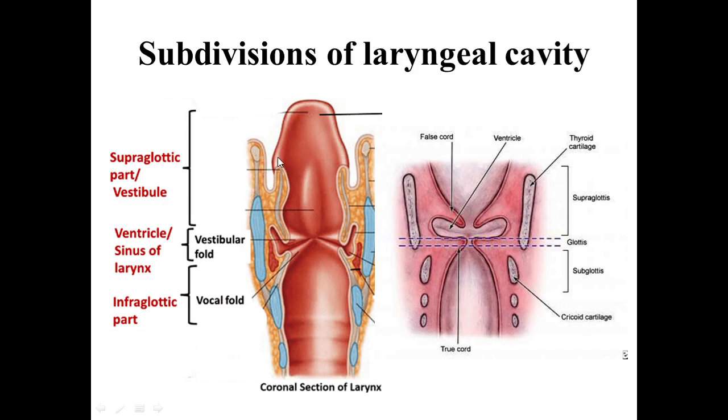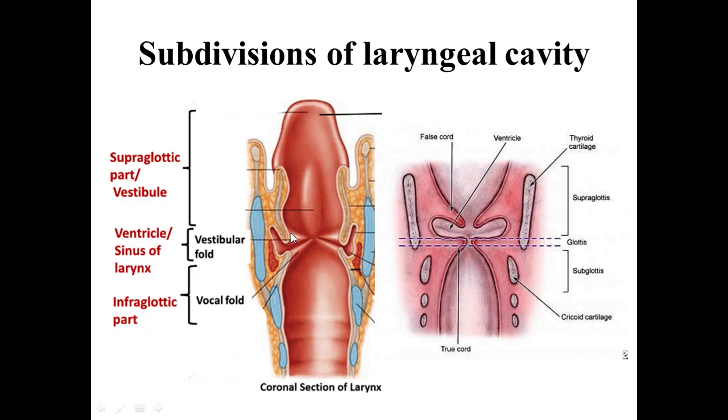From the aryepiglottic fold to the vestibular fold, the part of the cavity is called the supraglottic part or vestibule. Then between the vestibular fold and the two vocal folds, this very small part of the cavity is called the glottis or ventricle or sinus of larynx.